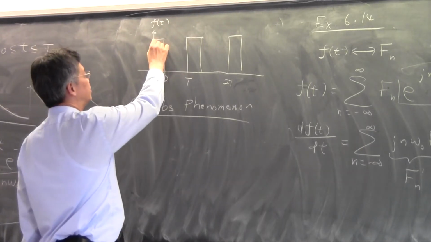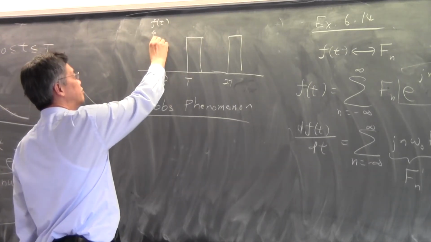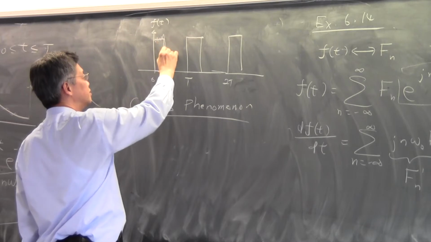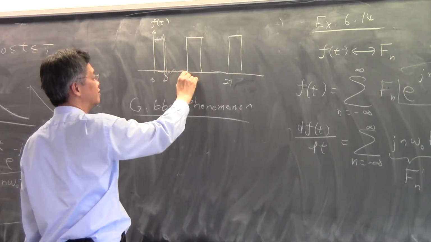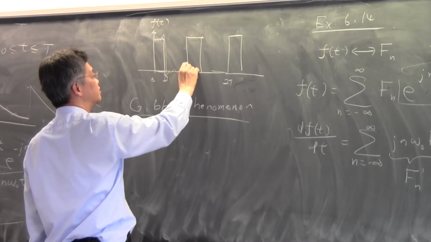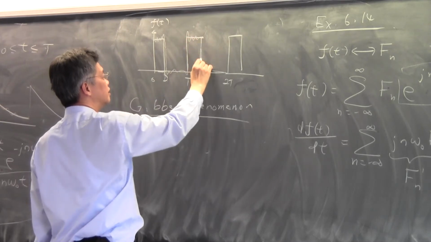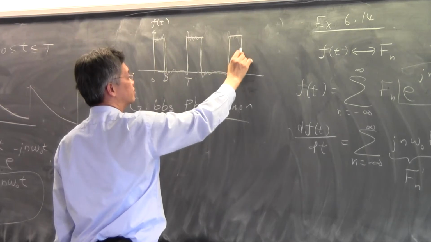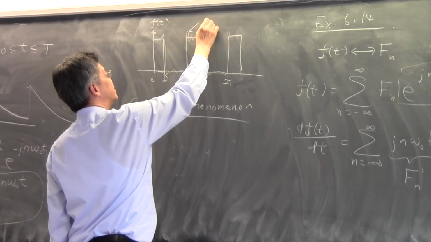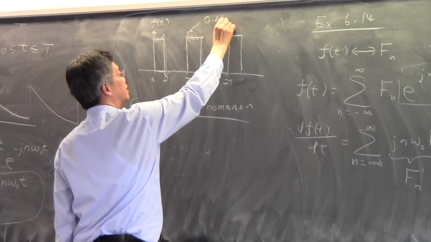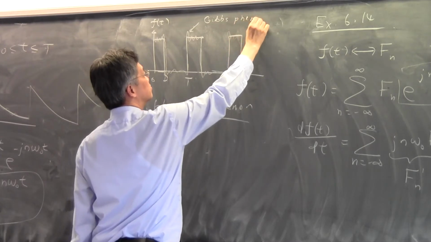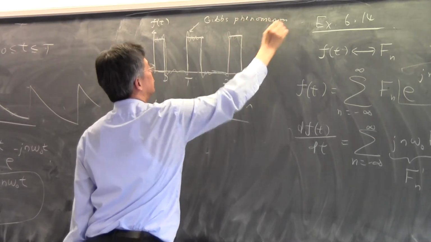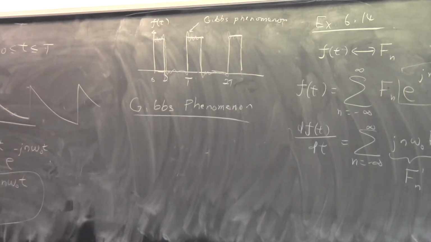And similarly, if you add up the Fourier series with a finite number of terms, you have something that looks like this, and then maybe an undershoot and an overshoot, and so on. This kind of overshoot and undershooting is called Gibbs phenomenon.